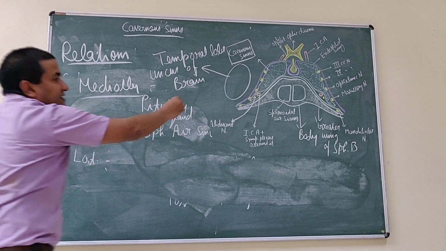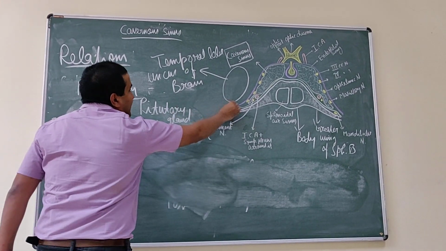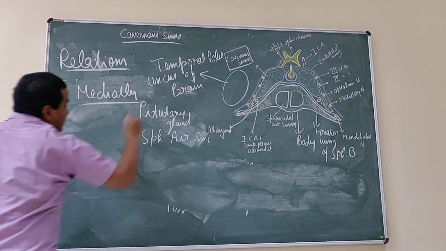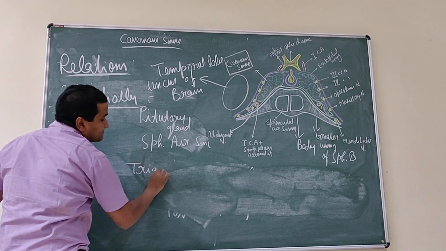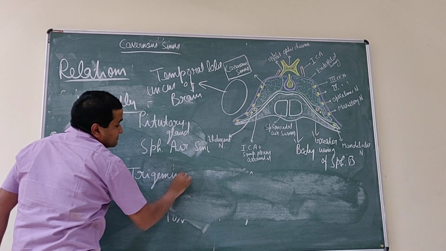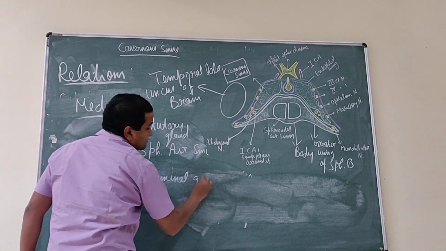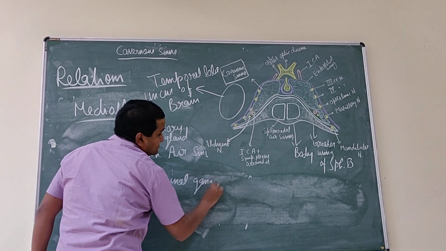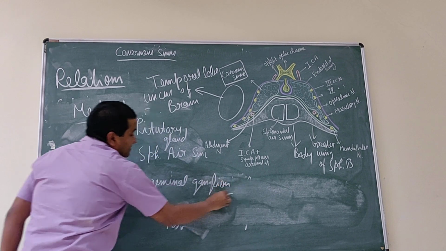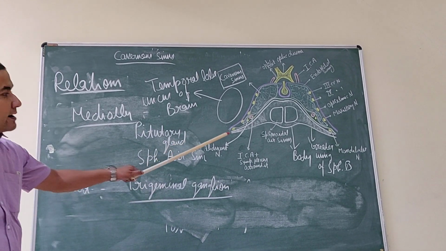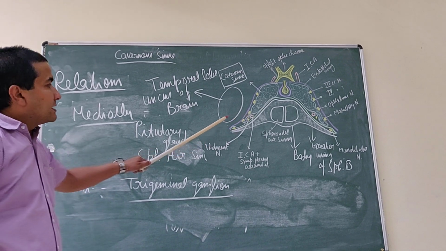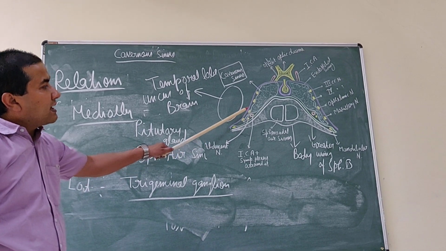And here there is a ganglion laterally related with this cavernous sinus, the trigeminal ganglion of the fifth cranial nerve, which is divided into three divisions: the mandibular, maxillary and ophthalmic.